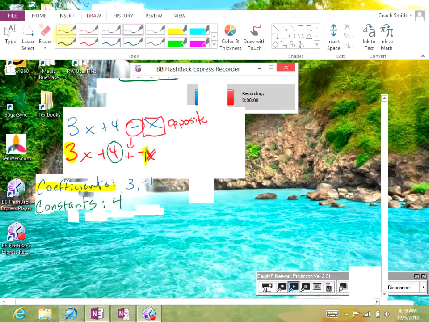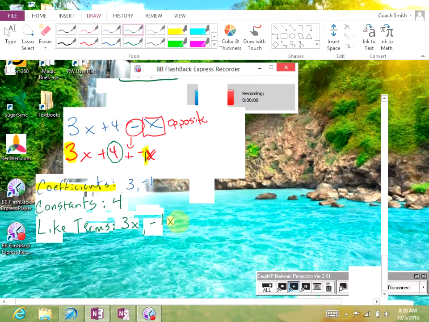And the last thing I want to list is the like terms. Remember, our definition of like terms is that they have the same variables and the variables are raised to the same exponent. So the like terms in this problem are 3x and negative 1x.